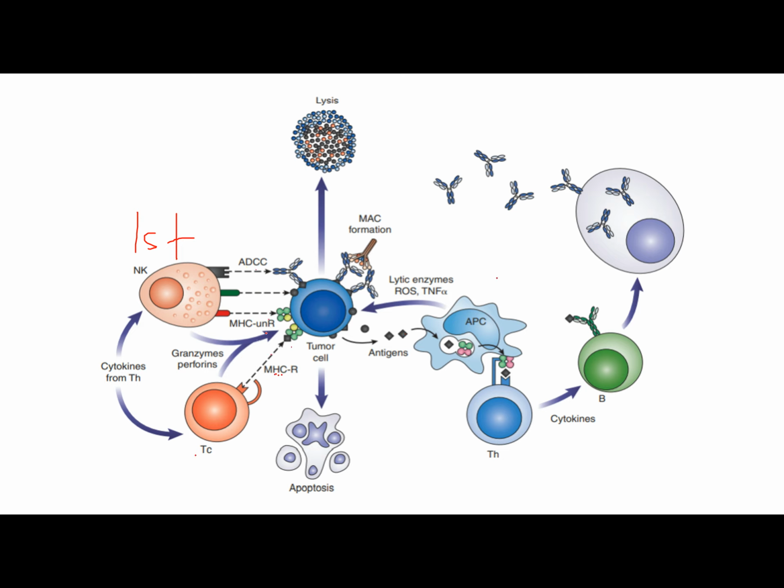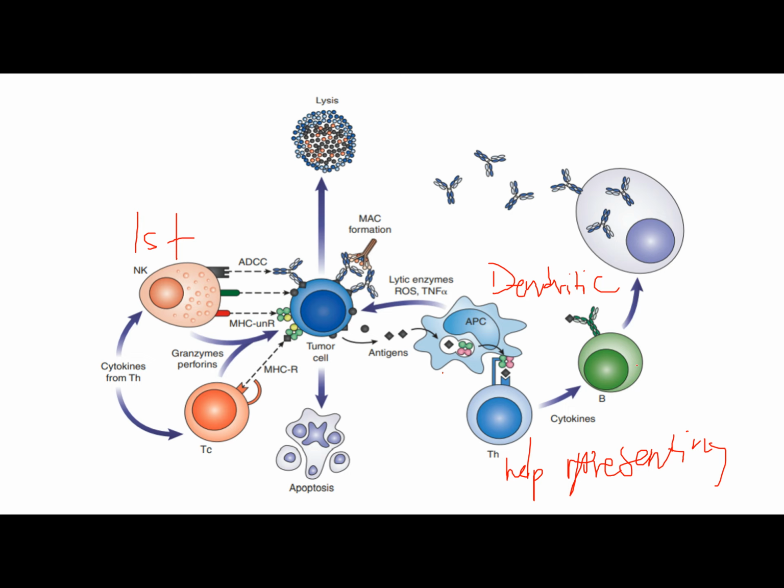Then you also have your APCs such as your dendritic cells, which along with the help of your T helper, will help in presenting the MHC molecules, allowing it to kill the tumor cell again.